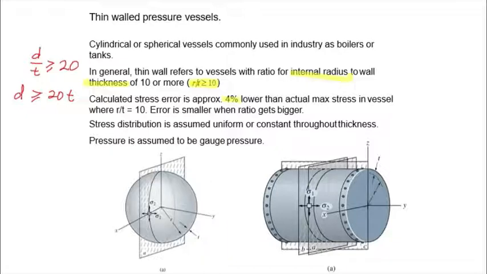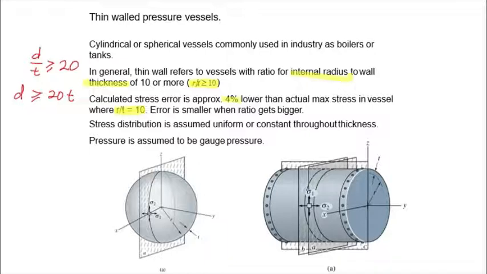Okay, so when R over T is 10, that is the lowest ratio you can go. The error is about 4%. So if you have a vessel where R is larger than 10T, meaning the ratio gets bigger, therefore the error will get smaller as well.